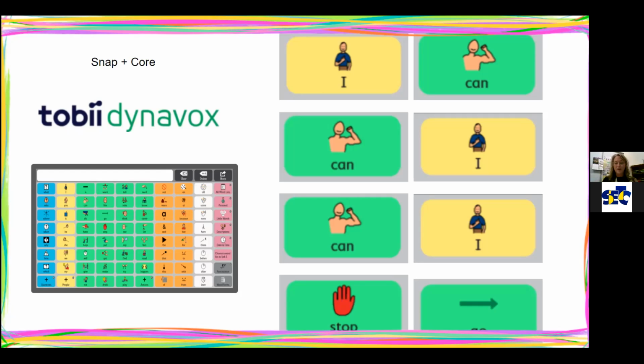So we took a few of the communication functions that we were going to focus on in the beginning of the year. This has changed now, but this was our beginning of the year one where we started. And we wanted to start with I can statements.